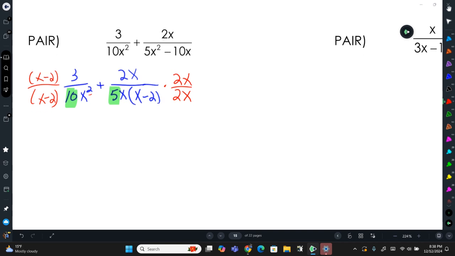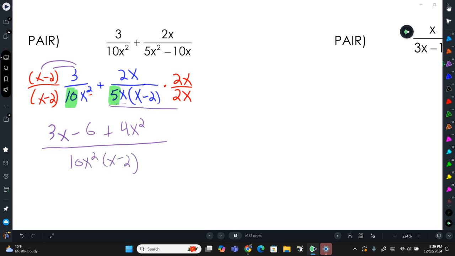So if we look at this, x minus 2 times 3 distribute, we get 3x minus 6 plus 2x times 2x is 4x squared all over, well, if I have 5x times 2x, that is 10x squared, and we have x minus 2. So notice I just looked at this one to show you that, hey, if I do that, I get this here. 5x times 2x. Multiplying we can do in any order.